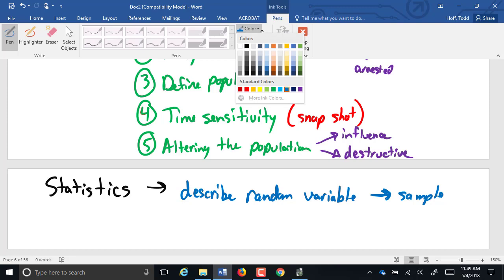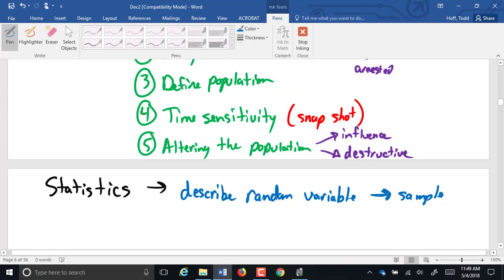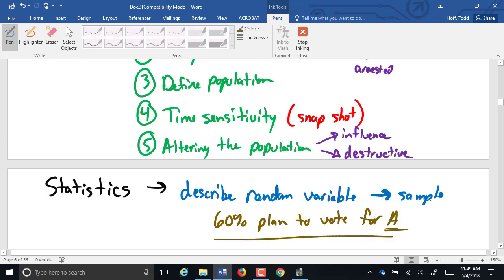So maybe we surveyed 300 people and we found that 60% plan to vote for candidate A. That's a statistic because we're describing the sample that we took. Whereas before we said 57% of them did vote for candidate A. That was the whole population. That's a parameter.